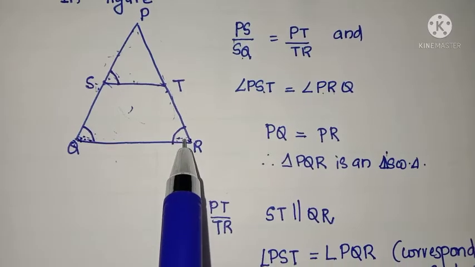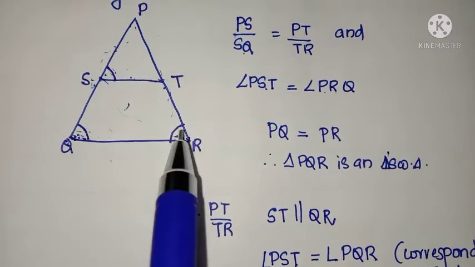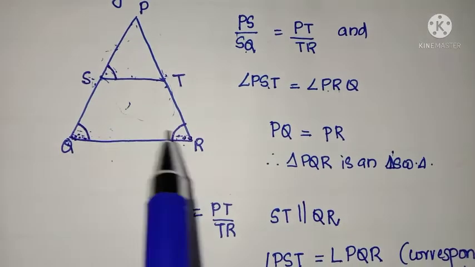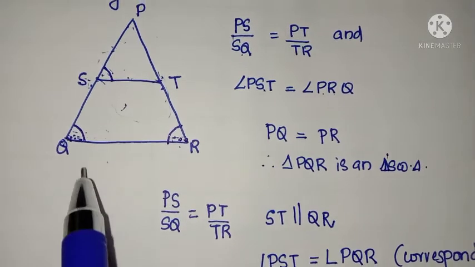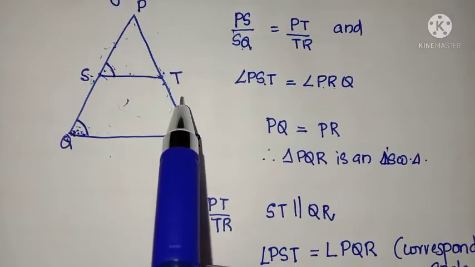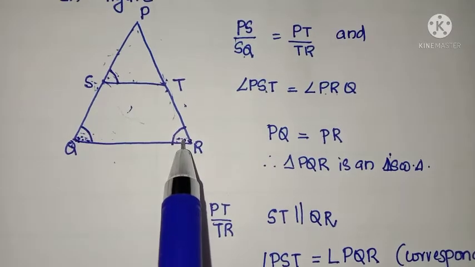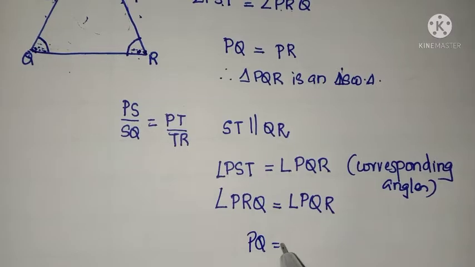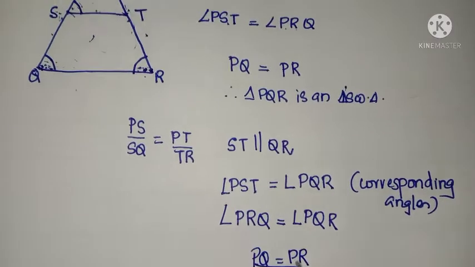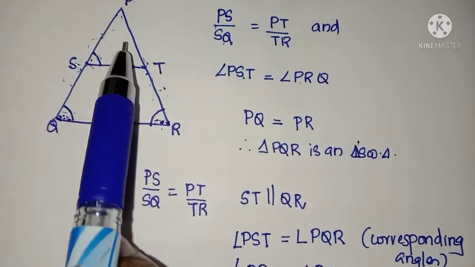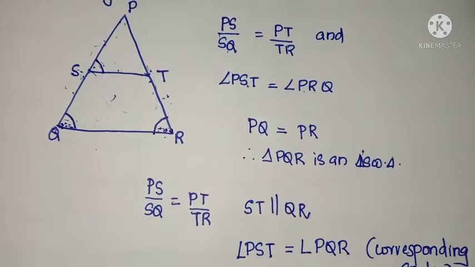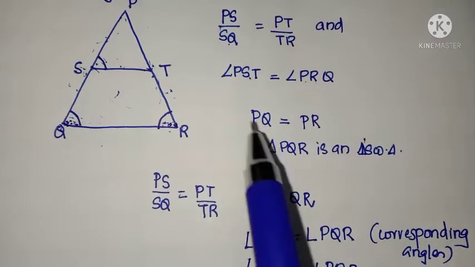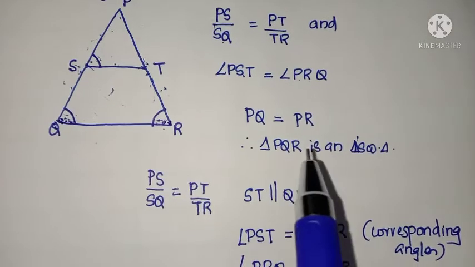Then, in class 9 we studied that if angles are equal, then the sides opposite to equal angles are equal. So the side opposite to Q is PR and the side opposite to angle R is PQ, and therefore PQ is equal to PR. So two sides are equal and therefore PQR is an isosceles triangle. Okay students, this is an important example. So write and study well.